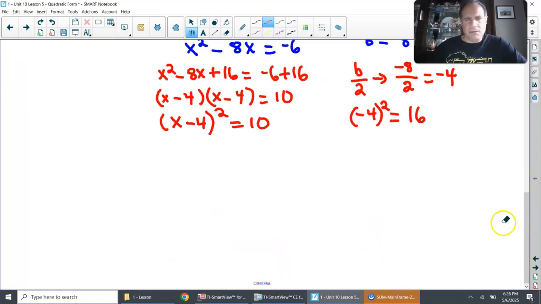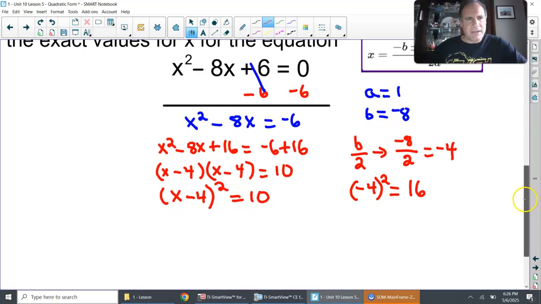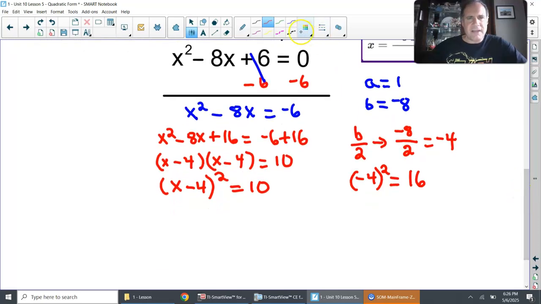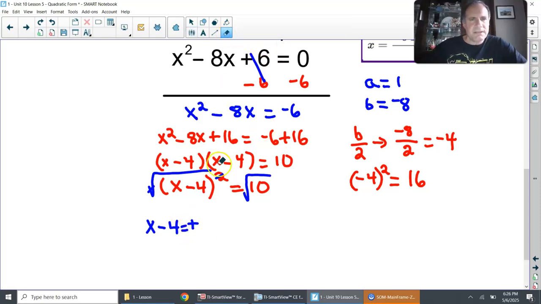So we are going to remember that they're asking for exact values. So the opposite of squared is square root. So we're just going to put the square roots on each side. The square root cancels with the square. We're going to have x minus 4 equals plus or minus square root of 10.